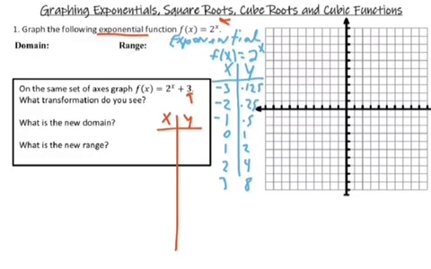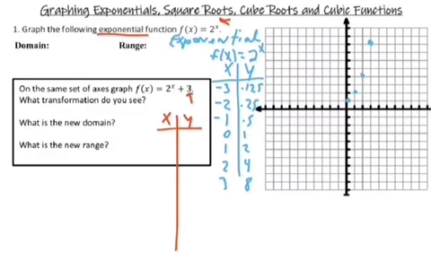Once you write down your table, now you want to plot the points. It's normally easier on an exponential to start plotting the points of the integer values first, but that would be up to you. 2, 4, 1, 2, 0, 1.